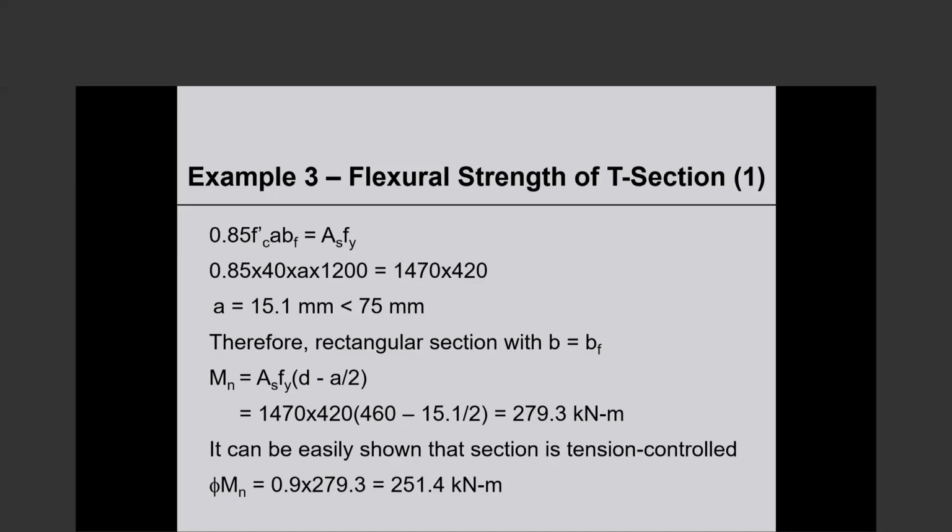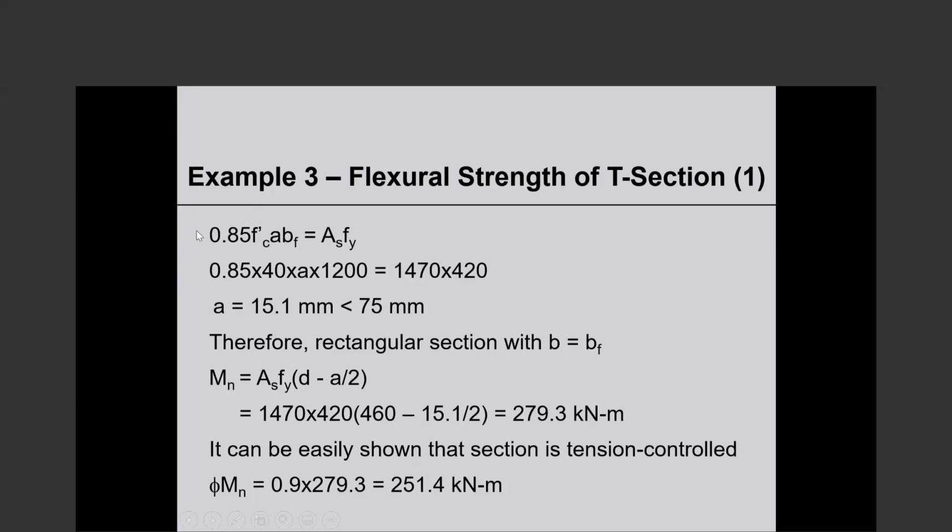If that is the case, the T-beam, for purposes of flexural strength calculation, is a rectangular beam as wide as the effective flange width, because the concrete in tension below the neutral axis doesn't count. We neglect it anyway. Okay, so this is the calculation we are about to run.